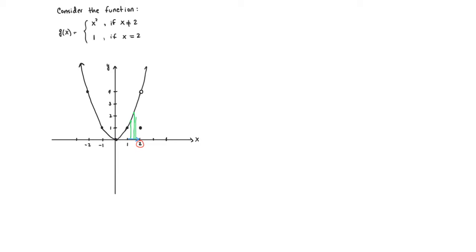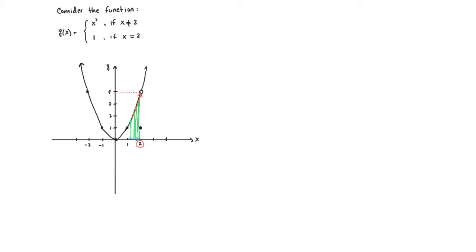And then the closer I go to 2, the higher the y values are getting on the parabola. Notice that those y values are approaching the open circle that is on that parabola. And that open circle happens to be at the same level as y equals 4.